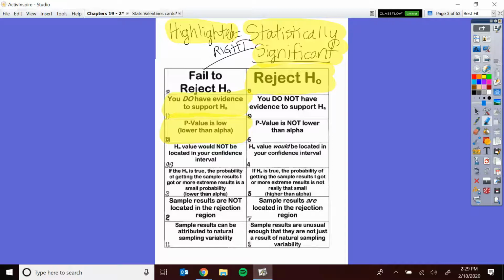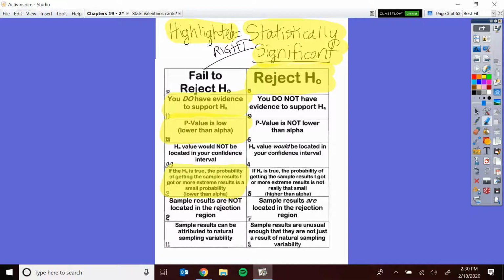Then which is a statistically significant situation? Was the probability small, or is the probability not really that small? It is small. The probability of getting your sample results or more extreme was small. And you got that sample and you're like, whoa, that's crazy. So I got to reject H0. All right, let's go back. So this card 3 is on the right.